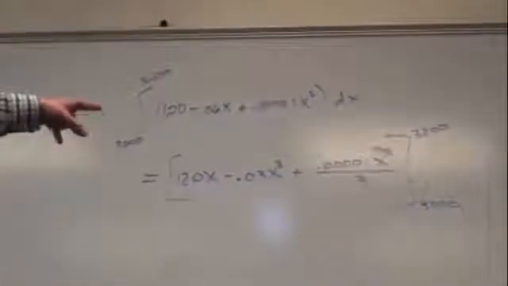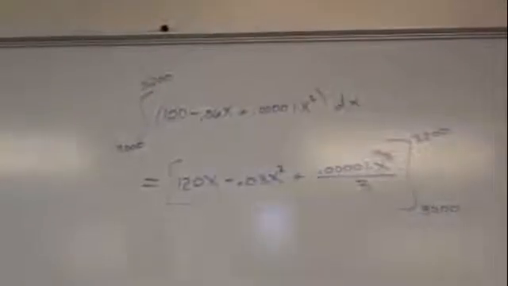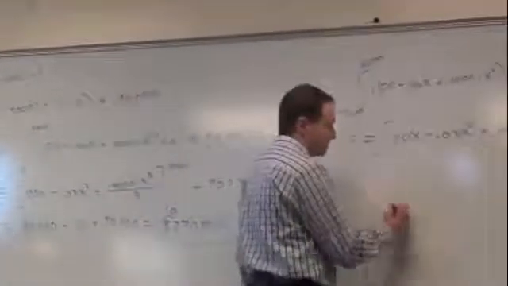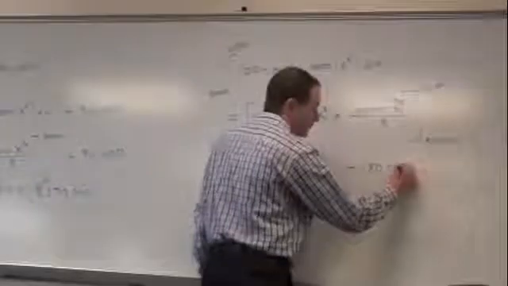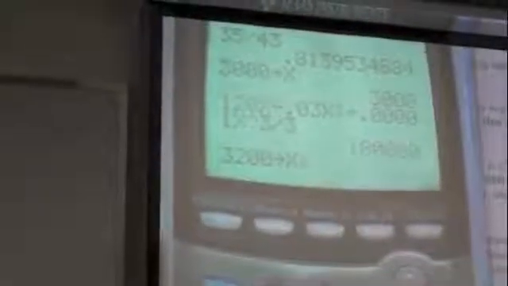I already know that when I evaluated this at 3,000, I had my 180,000. So that's going to be my lower limit of integration. Whatever that upper limit is, I'll be subtracting 180,000 from it. Now, notice I have the function entered in. I want to store 3,200 in for x.